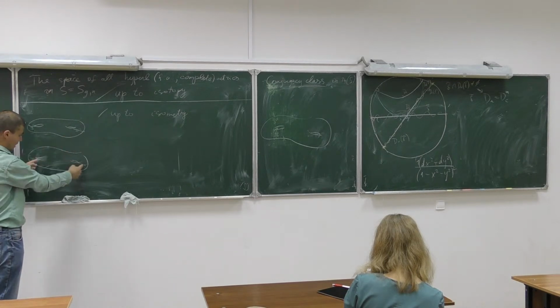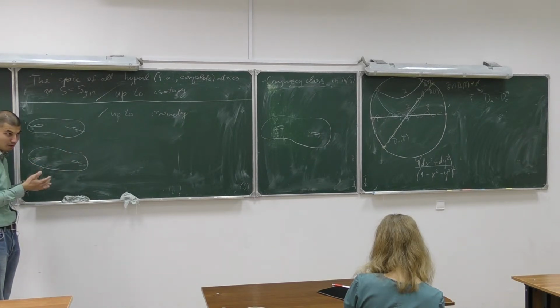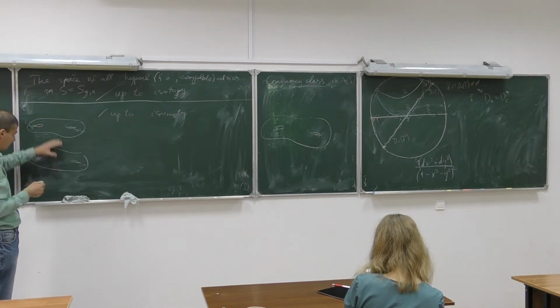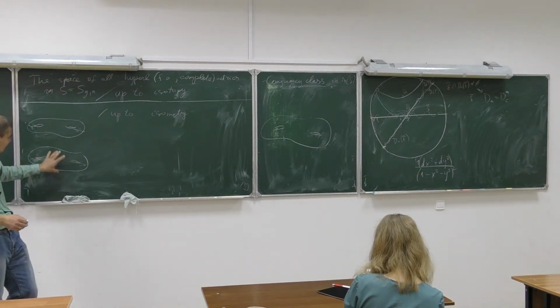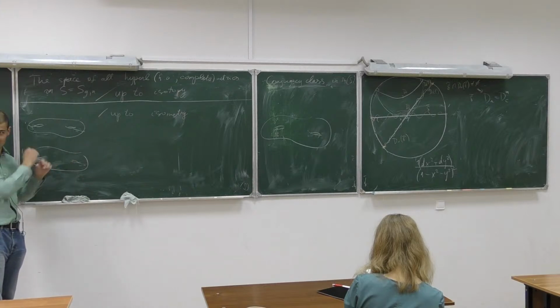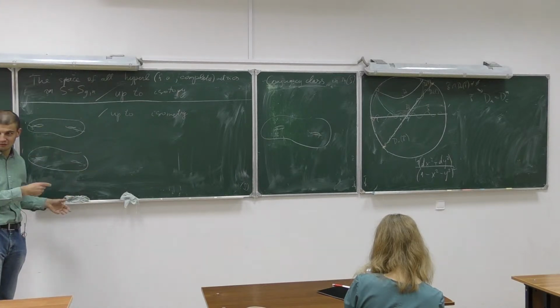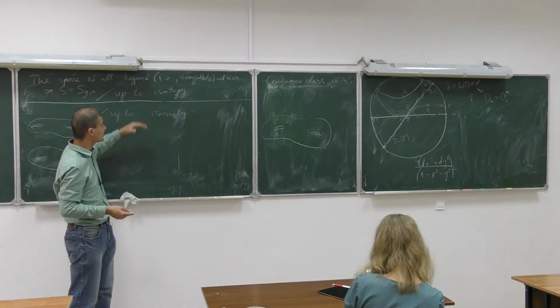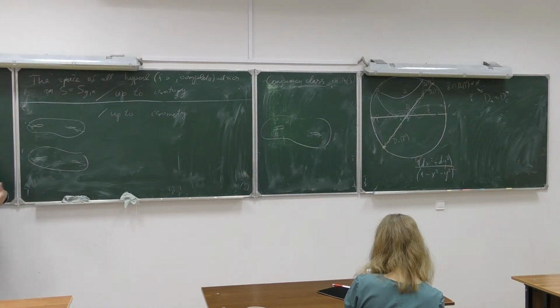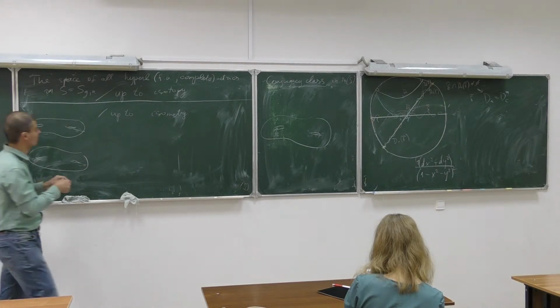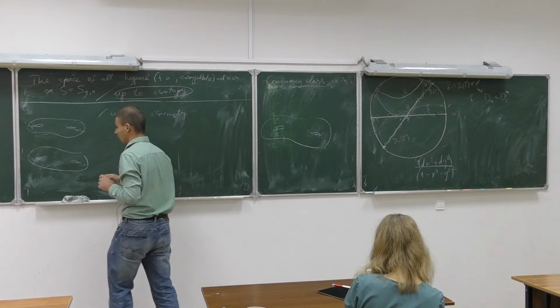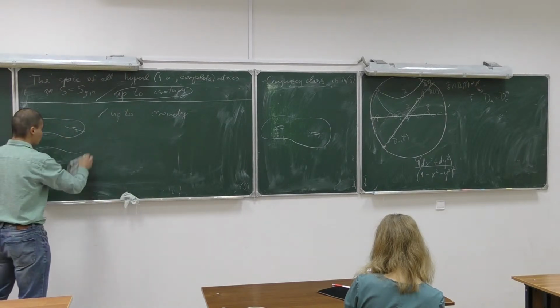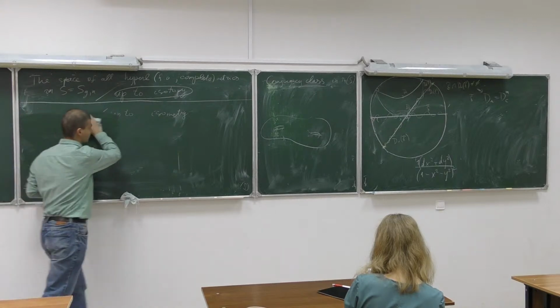Then this metric can never be taken to that one by an isotopy. But it may happen that this metric is taken to another one, say by such a rotation, so that in fact they can be isometric. This difference is just the difference by the mapping class group, so it is very important to us. But now let us focus on the question of metrics up to isometry. First of all, isotopy, sorry.